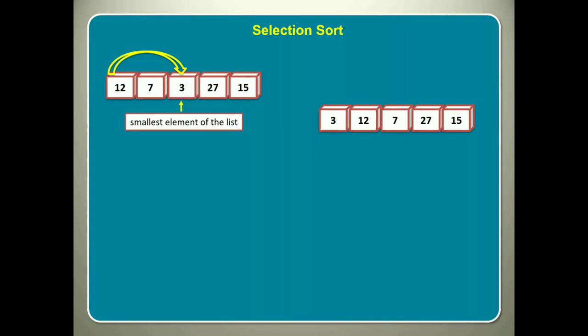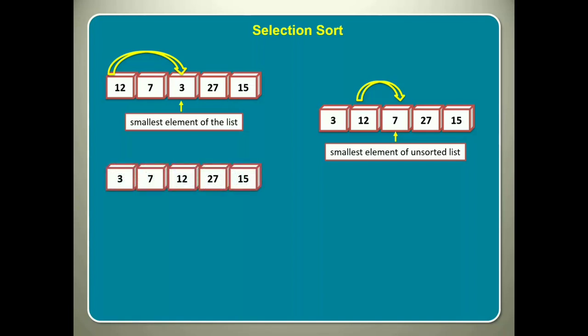Step 2. Next, again the smallest element is picked up from the unsorted part of the list. In this case, it is 7, which is swapped with 12. Now the list becomes 3, 7, 12, 27, 15. Step 3. The next smallest element from the unsorted part is 12.